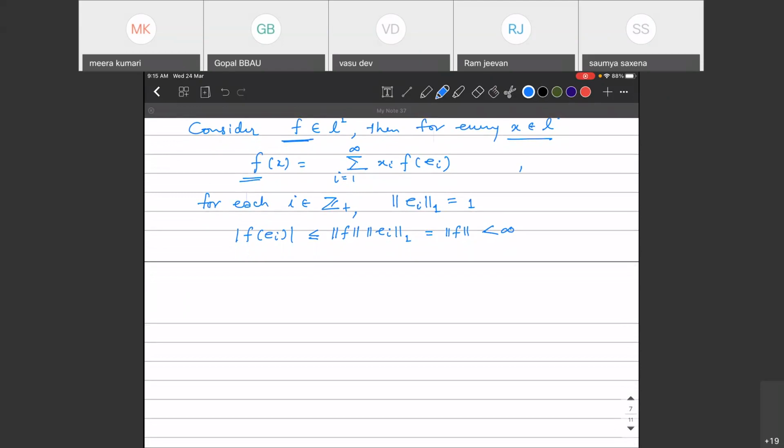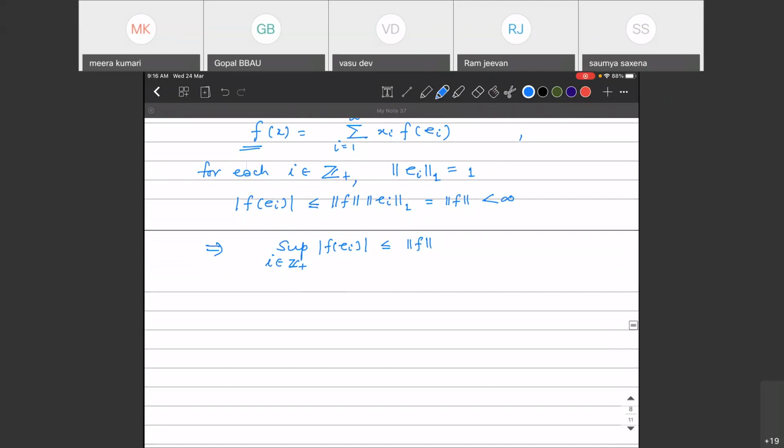Now take the supremum on both sides. This implies the supremum over i in Z plus of mod f of e_i is less than or equal to norm f.